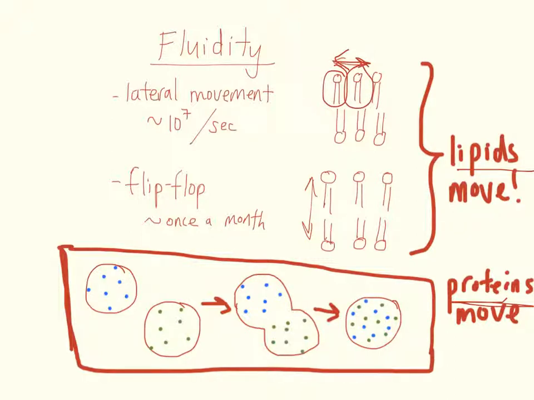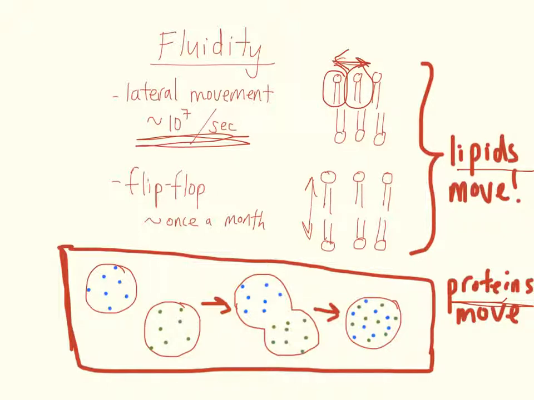And it's sort of like a person moving through a crowd. It's decently easy to do. And this will happen quite often, as you can see. An average phospholipid will swap places with a buddy 10 million times per second. And what this translates to is that a phospholipid can travel about 2 micrometers in 1 second. And that's a pretty crazy distance.